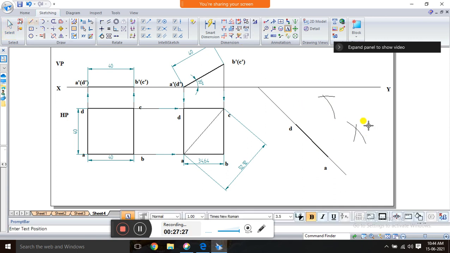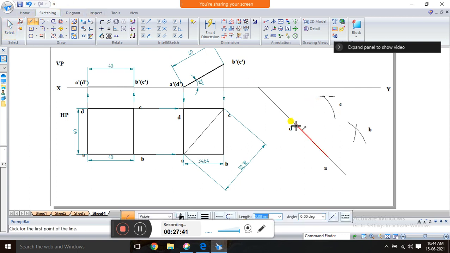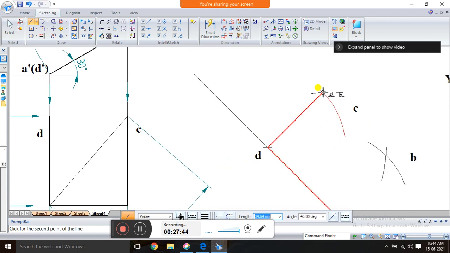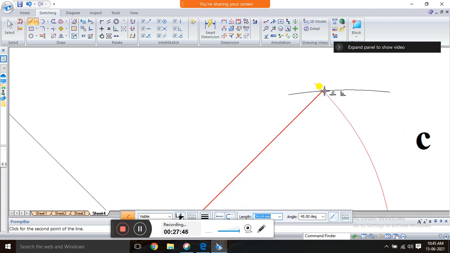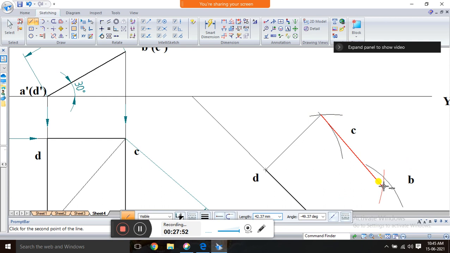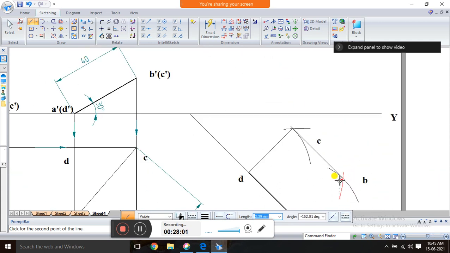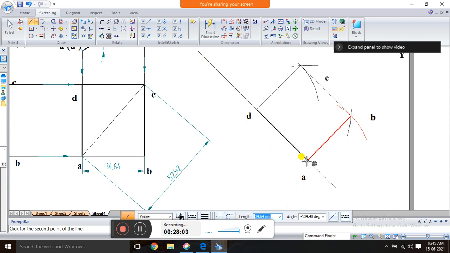Name this one B and this one C. Here you can do the reconstruction on your own, no problem, but it should exactly match the previous one. The points should be exactly perpendicular.